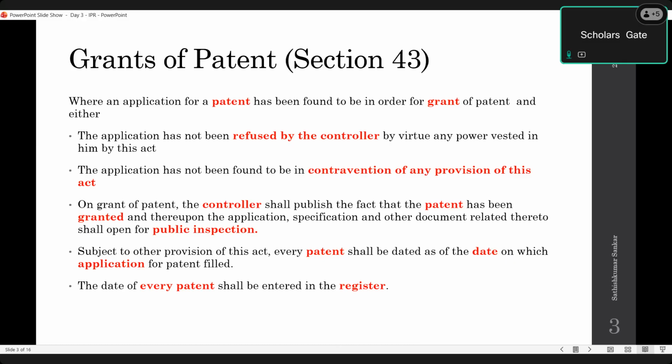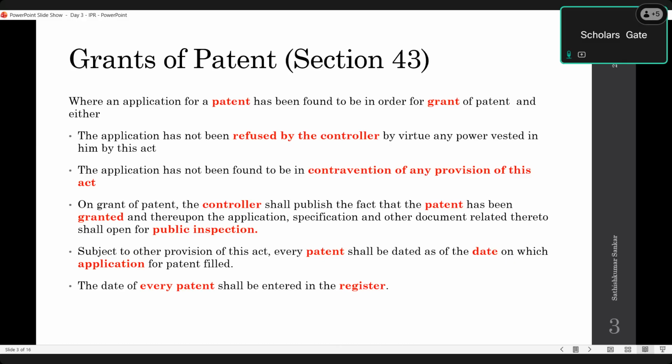Subject to other provisions of this Act, every patent shall be dated as of the date on which the application for the patent was filed. I already mentioned that there are different types of provisions available in the Patents Act 1970. If the patentee is not involved in any infringement or malpractice regarding this invention, they can claim the patent publication date as the granted date.